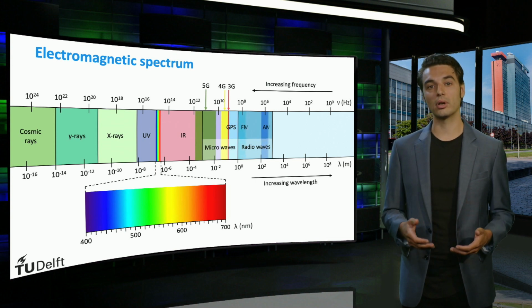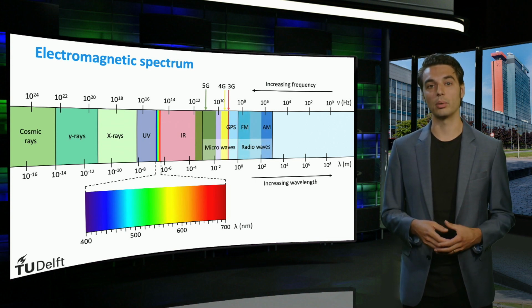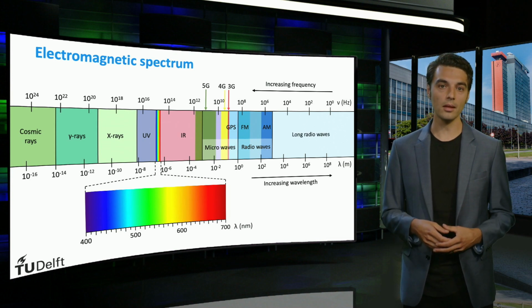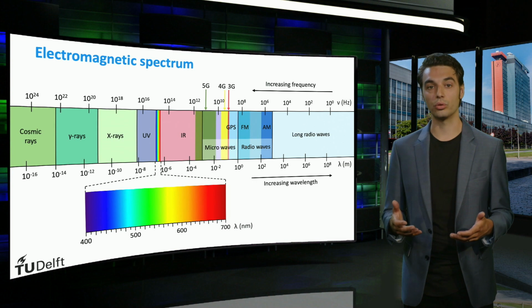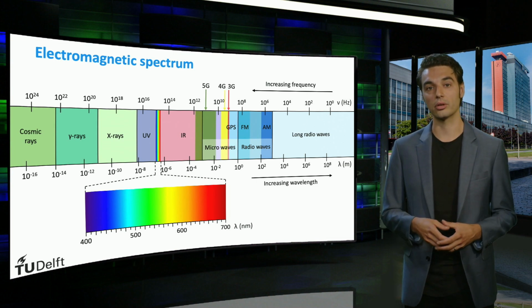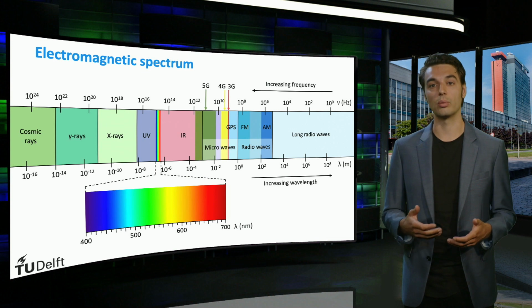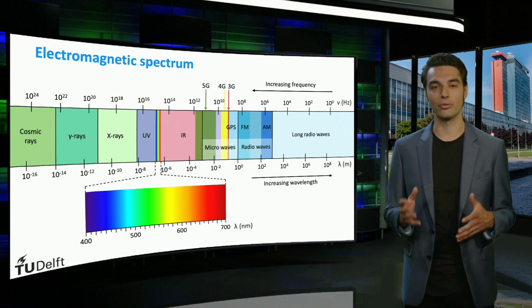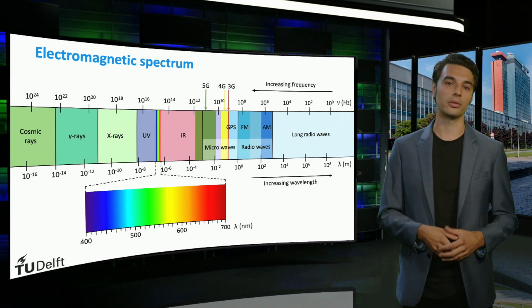FM radio waves are in the small wavelength part of the radio wave spectrum, while AM waves have a large wavelength. Even larger wavelength photons, ranging from 1 kilometer to about 1 million kilometers, are considered long radio waves. In photovoltaics, we are mainly interested in ultraviolet, visible and infrared light, as we will see in a moment.